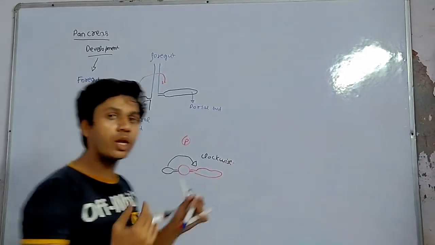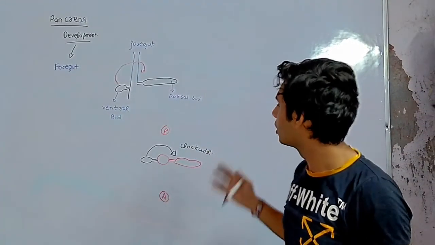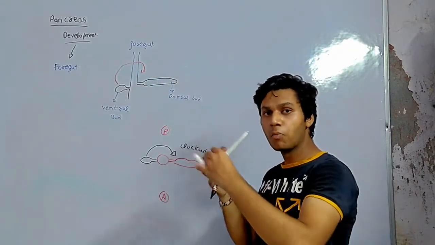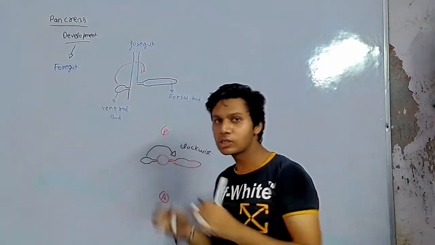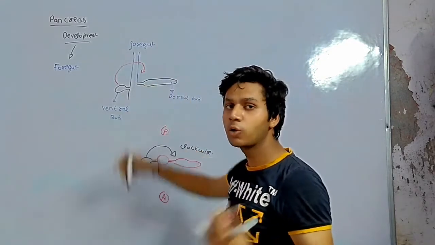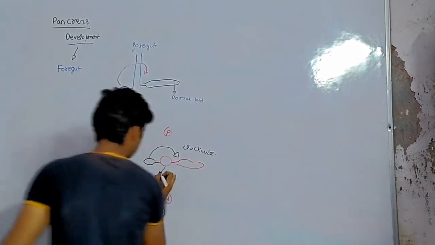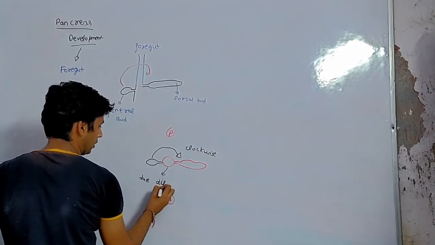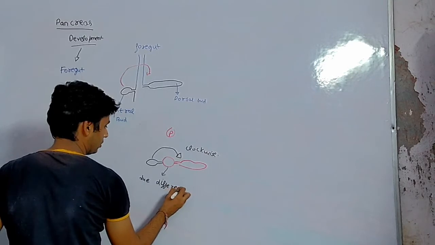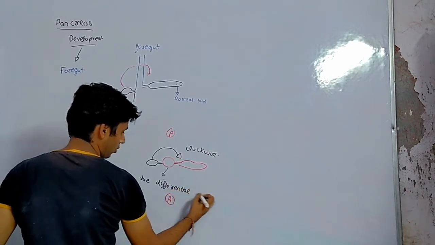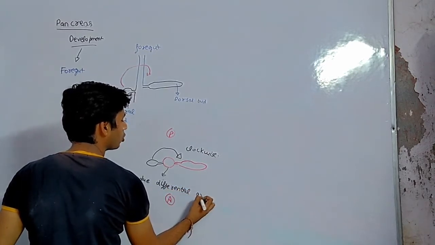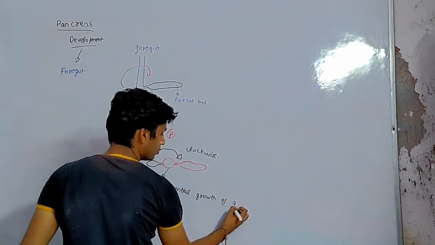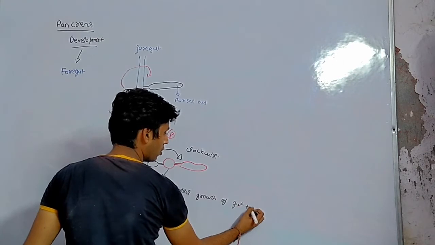This is differential development of the wall of the foregut. The anterior wall starts to develop more, with more cell mitosis occurring, and the posterior wall starts to undergo apoptosis, due to differential growth of the gut tube wall.